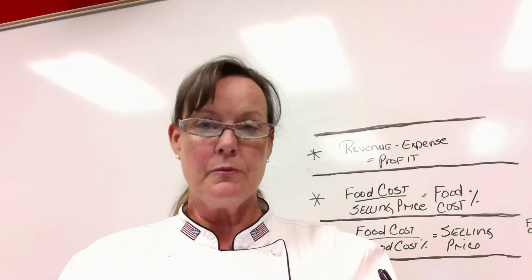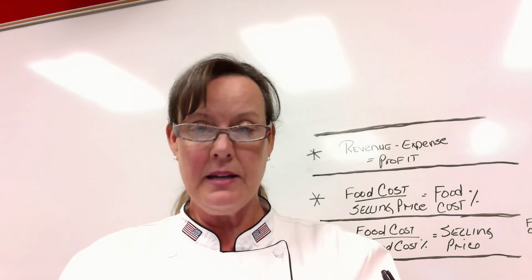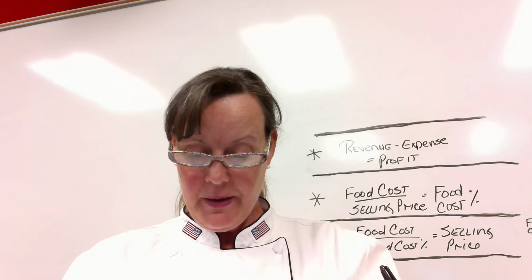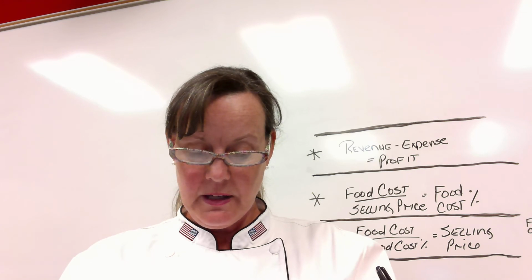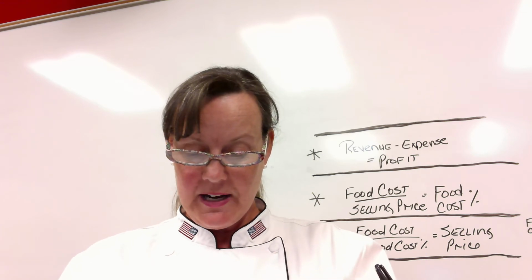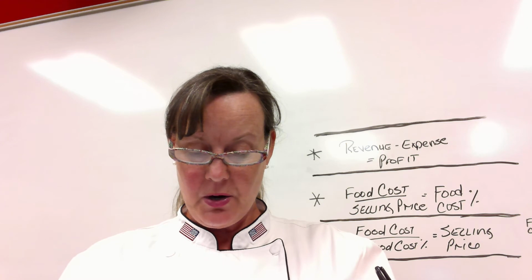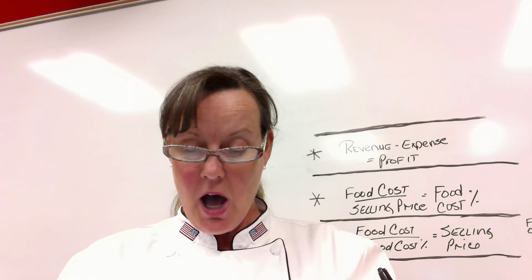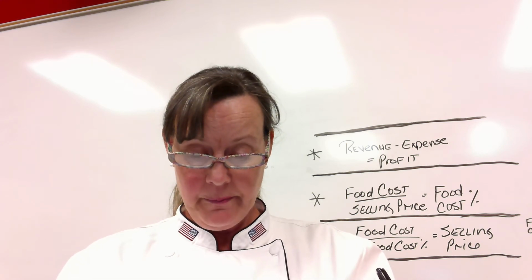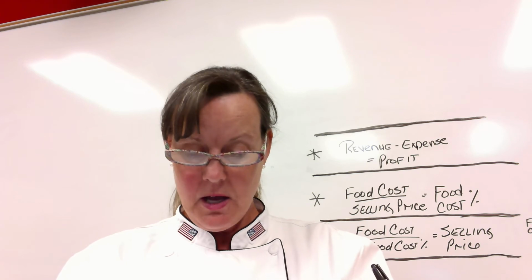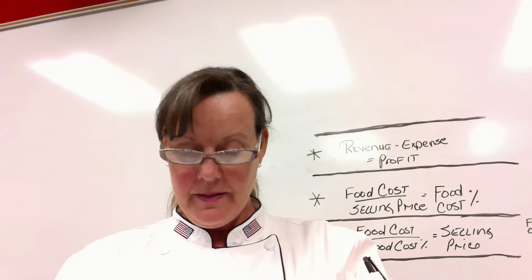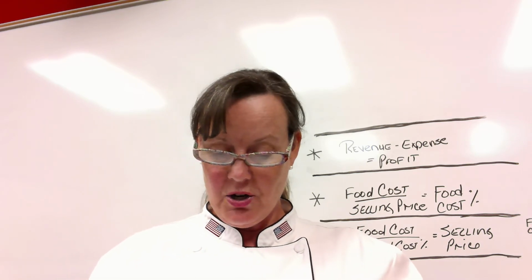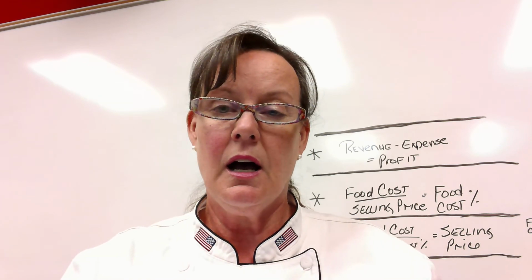I don't want to take up too much time today within this lecture, but I want you to definitely look at step one. You're going to calculate the average CM per customer. You're going to take your non-food cost plus your profit, divided by your number of customers.